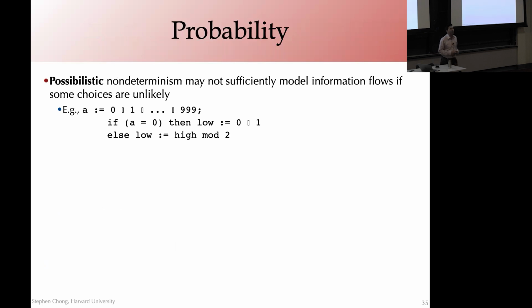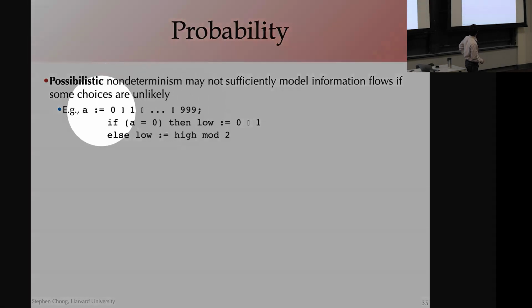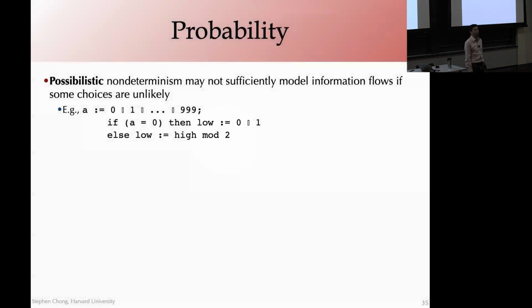So far, we've seen possibilistic definitions of non-determinism. And intuitively, these may not capture some of the information flows we care about. So for example, if we look at this program, A is non-deterministically chosen to be a number from 0 to 999 inclusive. If we happen to choose 0, then we non-deterministically choose either 0 or 1. But otherwise, we actually reveal one bit of secret information.